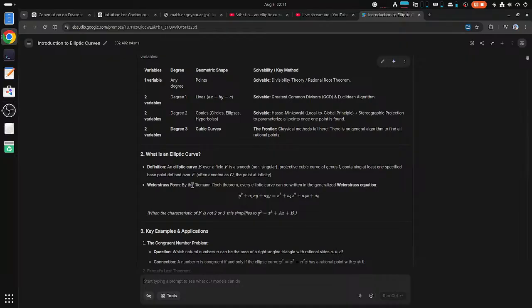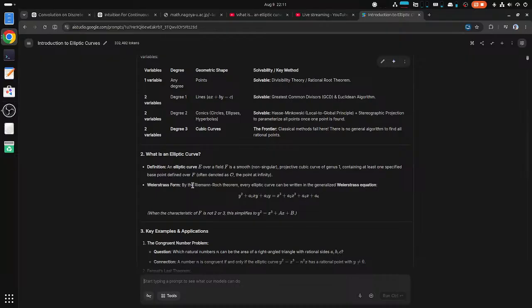It contains at least one specified base point defined over F, often denoted as O, the point at infinity. I don't recall what the symbol is called, but it looks like an O, maybe a Greek letter.